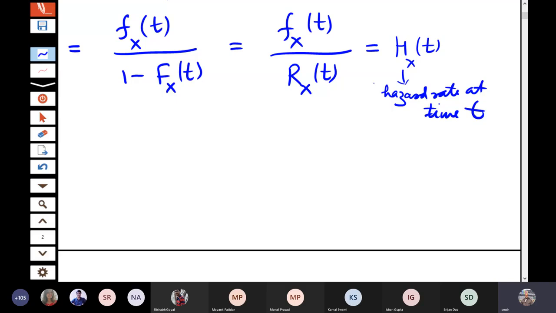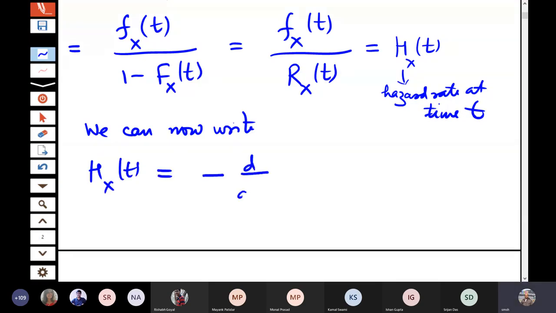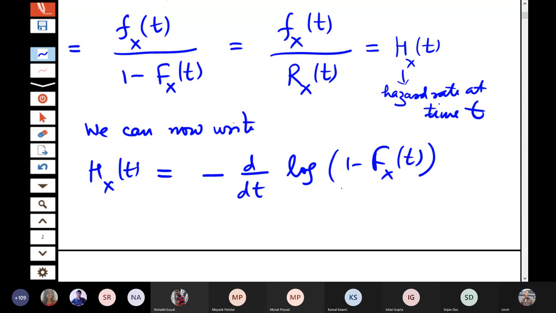Now I will consider the reverse part of this also. So we can now write this h_X(t) as minus d by dt log of 1 minus F_X(t). We can write like this also, because if I differentiate log of 1 minus F_X(t), I will get 1 by 1 minus F_X(t) into small f_X(t) with a minus sign.